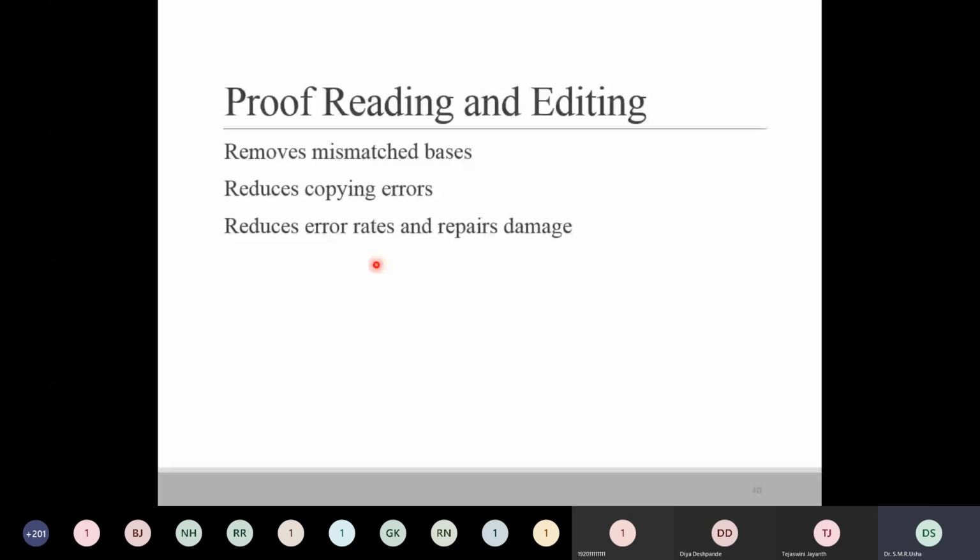Because if the copying process is wrong, wrong information goes to the daughter cell and it can result in mutation. We will see that in detail, what copying errors do to a cell, under mutations. So by proofreading activity, you are removing the mismatched bases, reducing the copying errors and reducing the error rates millions of times, and you are preventing DNA damage. These are the plus points.